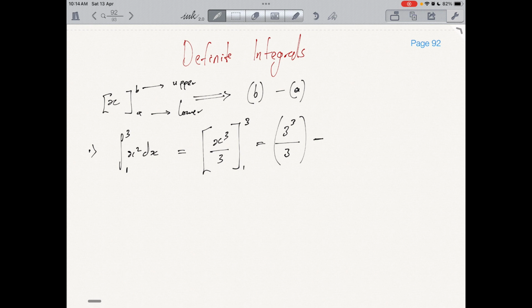And the lower limit is 1. That is 1 raised to the power 3 divided by 3. Now this will give us 27 over 3 minus 1 over 3. And an expression here should give us 9 minus 1 over 3. And this is 8 2 over 3.